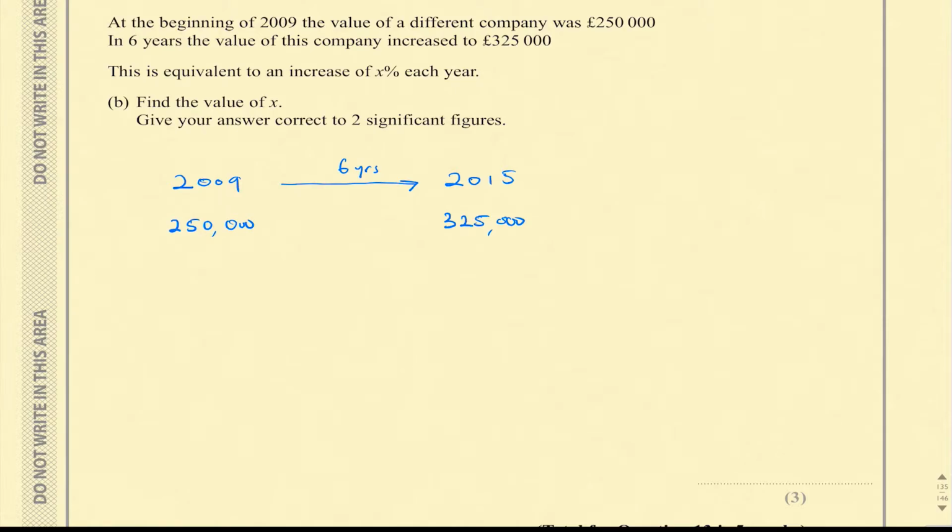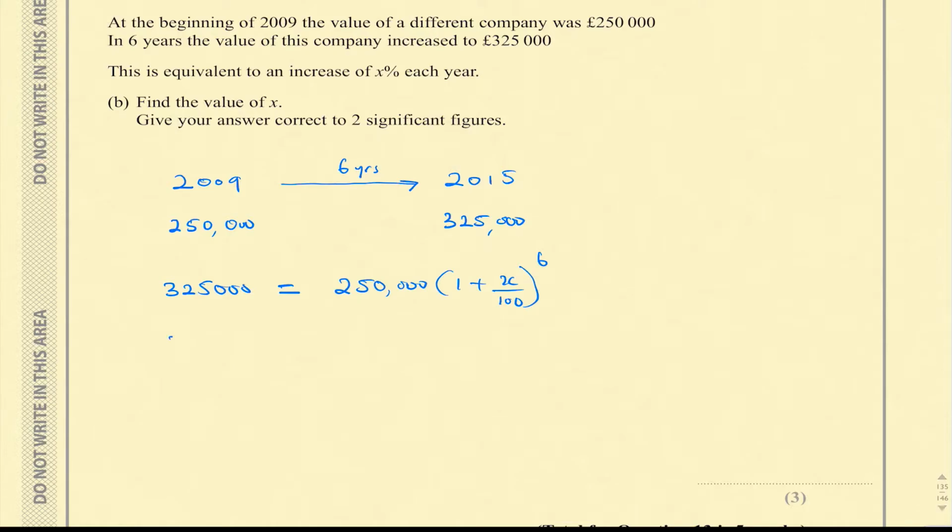Now, what we need to do is basically 325,000 is equal to 250,000 times 1 plus X over 100, because we don't know what X is, to the power 6. In this case, we need to divide both sides by 250,000.